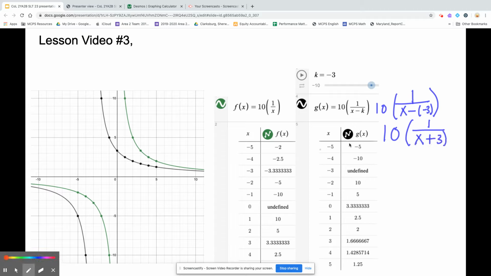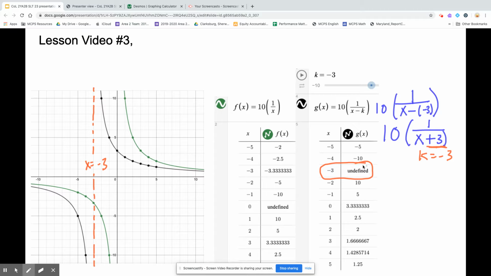Although you see a plus 3 here, I want you to remember that the value of k was initially negative 3. So what happens? My vertical asymptote is here at negative 3. It's undefined. And I can see right here that this is x equals negative 3.